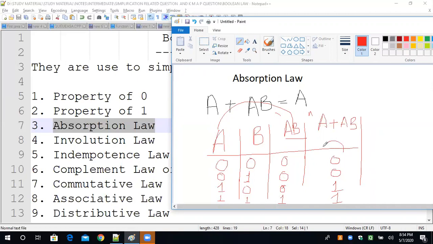The truth values of this column, A plus AB, are exactly the same as A. Here I'm getting 0, 0, 1, 1. Here I'm getting 0, 0, 1, 1. So this entire left hand side is equal to A. You can say that by the truth table, the absorption law is proved.